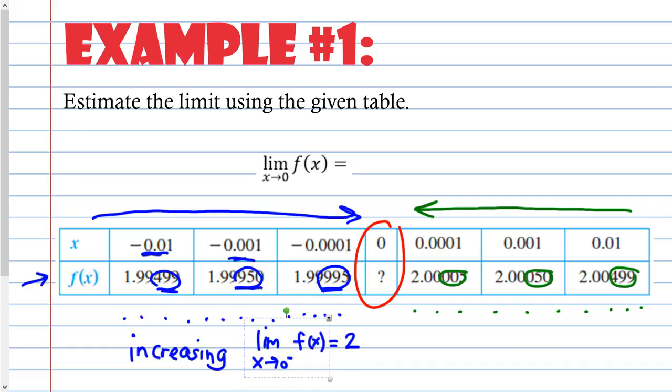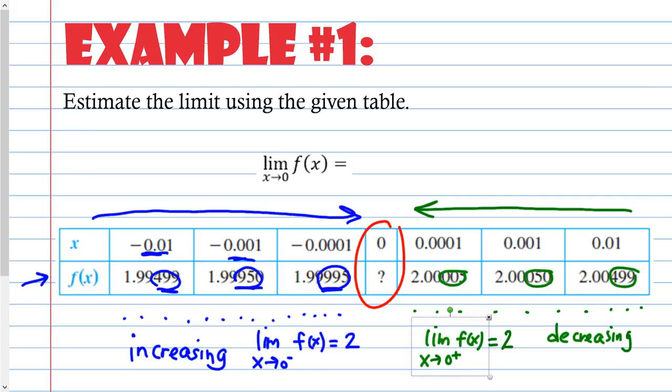As I travel towards the 0, these numbers are decreasing. If I start with 499, I end up at 50 and then 5. They're getting smaller, but nonetheless, what number are they approaching? What is my limit of f of x as x approaches 0 from the right side, the positive side? And hopefully you're going to tell me 2.